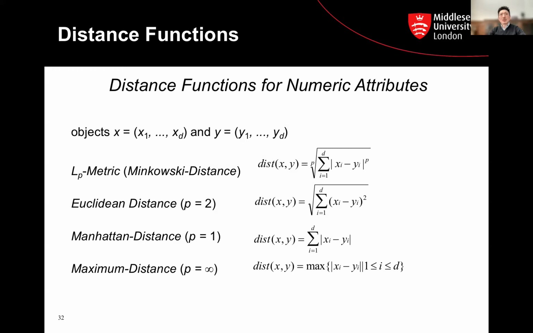Someone asked, is Euclidean distance the minimum distance between two points? For any particular distance metric, you have only one value.